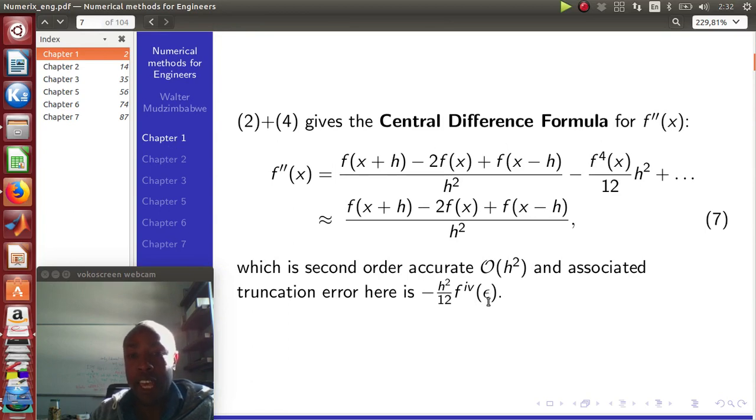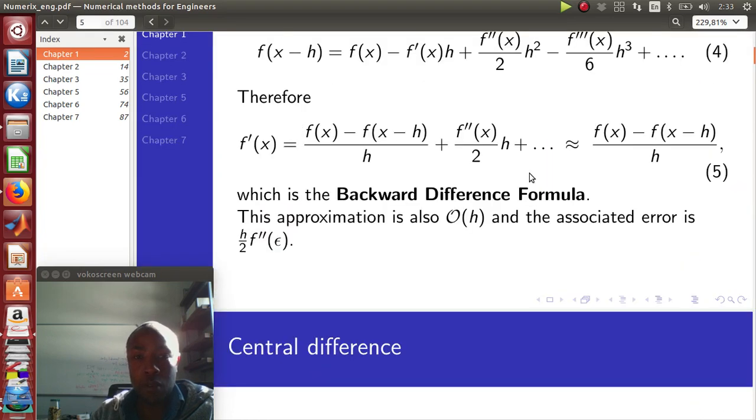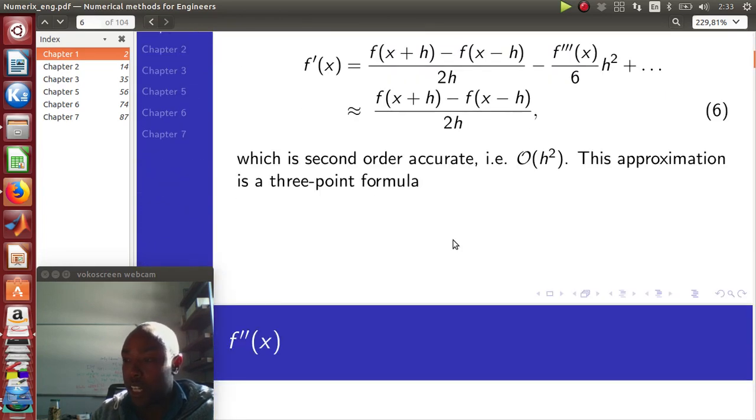Epsilon is any number between x plus h and x minus h. Similarly, for an approximation like this, the epsilon is a number between x and x minus h. The notes are clearly written so that you can see that. All right.